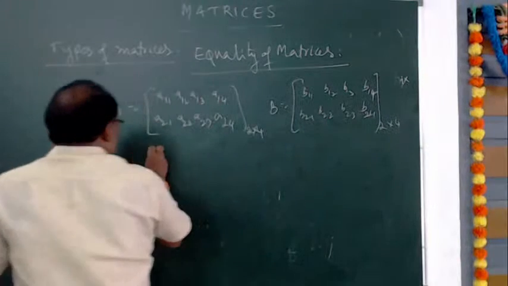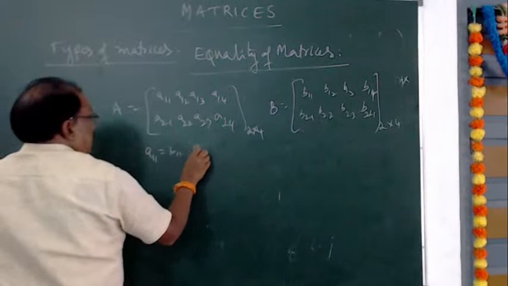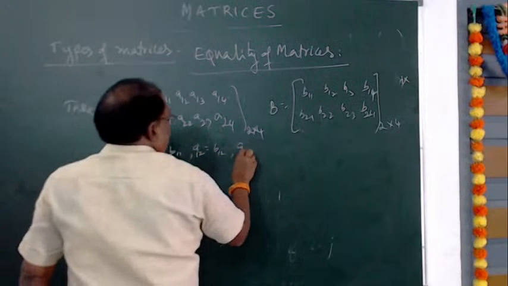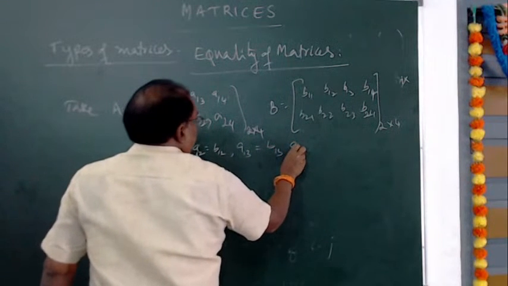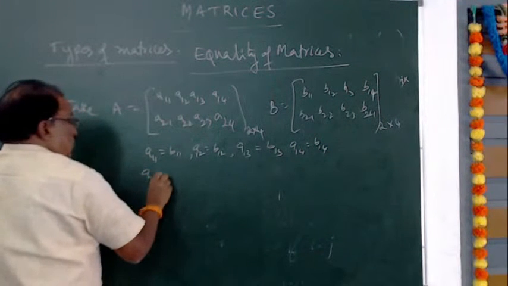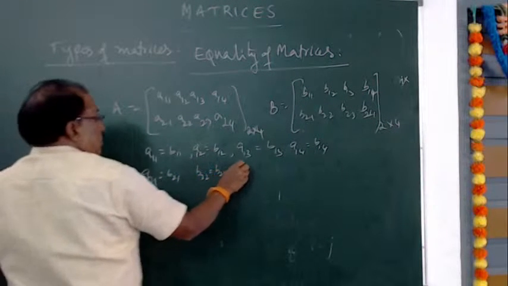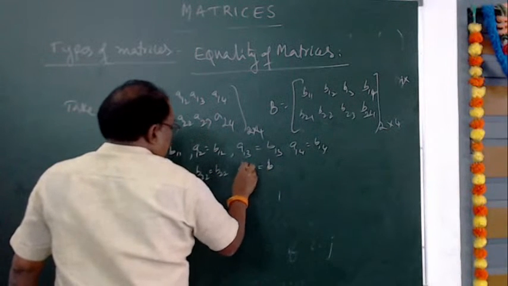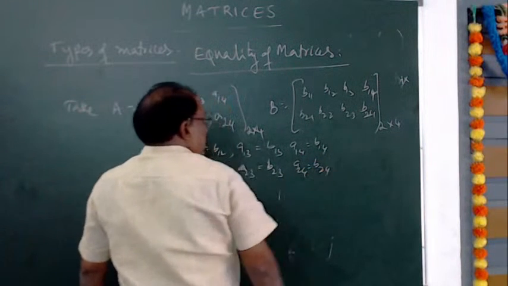That is A11 is equal to B11, A12 is equal to B12, A13 is equal to B13, A14 is equal to B14, A21 is equal to B21, A22 is equal to B22, A23 is equal to B23 and A24 is equal to B24.